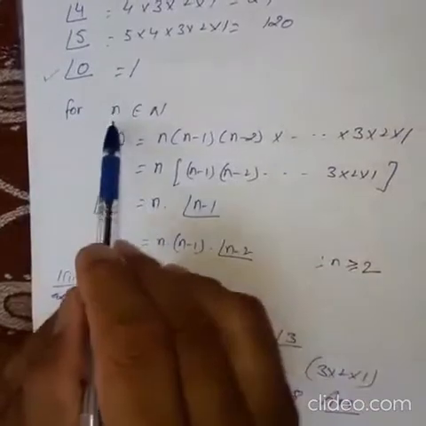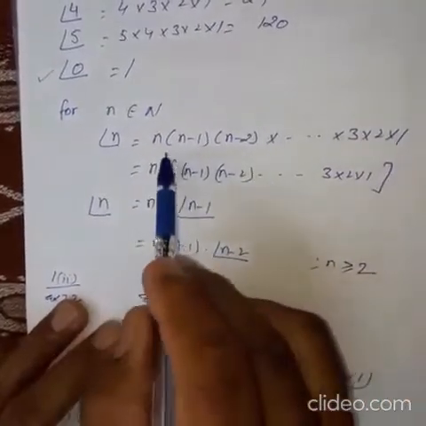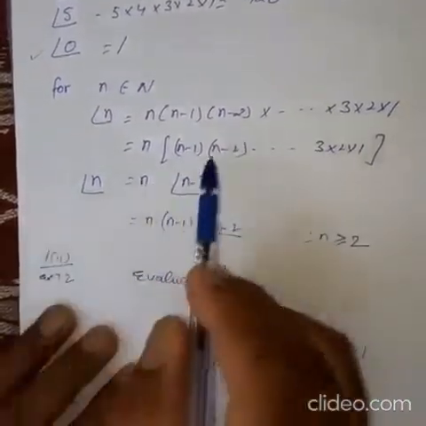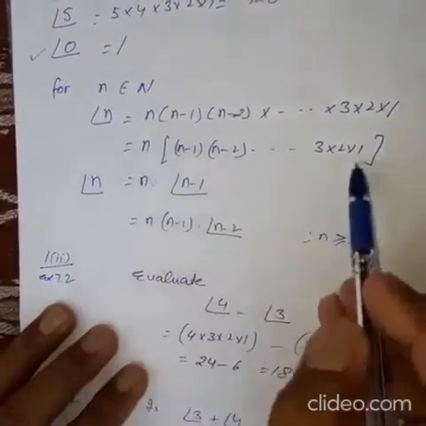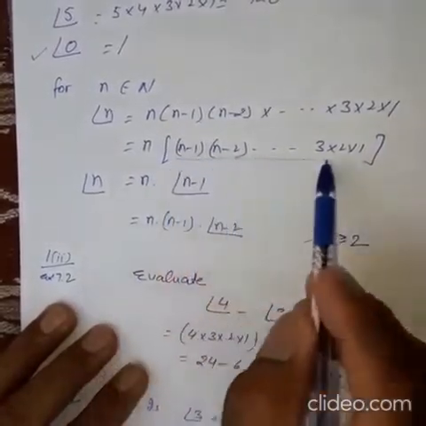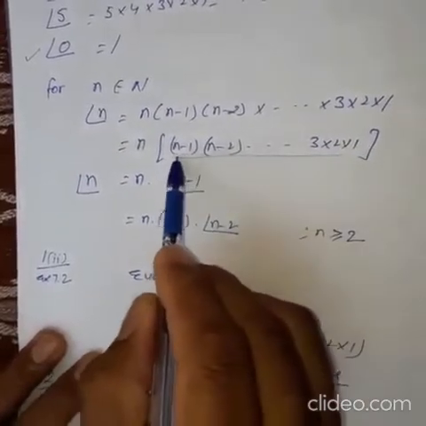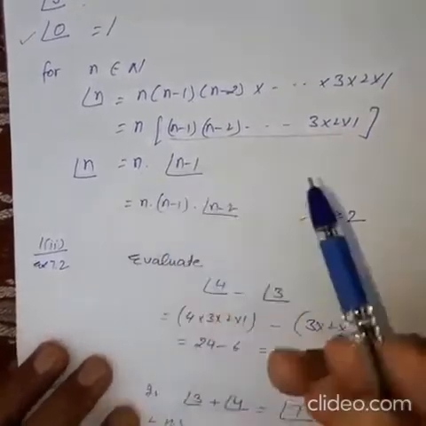So for n a natural number, n factorial will be n into n minus 1 into n minus 2 up to 1. Now if you write all the terms excluding n in brackets, these terms represent n minus 1 factorial. So replace it and we get n into n minus 1 factorial.